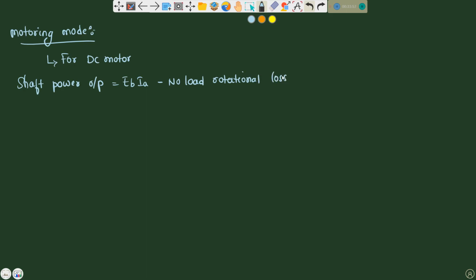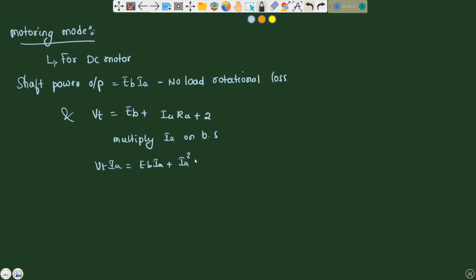Again we are getting the same thing. And Vt, consider it as Eb plus Ia Ra. Multiply Ia on both sides. What you will get? Vt into Ia equals Eb Ia plus Ia square Ra, it will become ohmic losses.